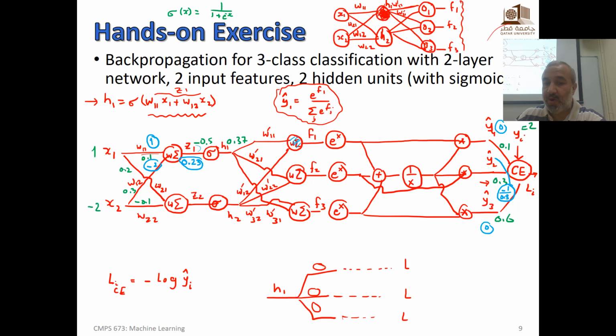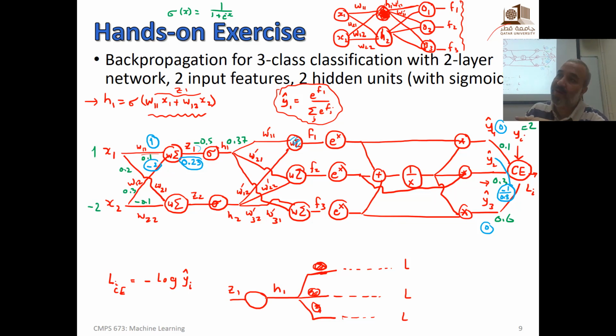Okay, how will we compute this one? This is by chain rule. We propagate back from L up to this variable. Same here, and then we add the gradients. Now, let's say that there is a gate here, and there is another variable here. Let's say that this is Z1.